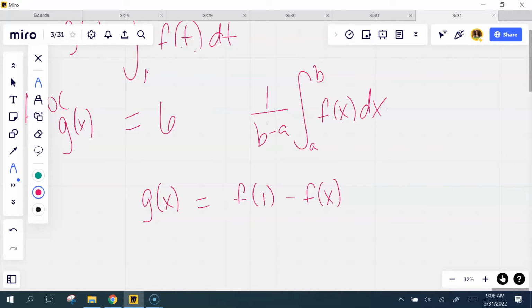For any function f, which of the following statements must be true? If f is defined at x equals a, then the limit as x approaches a of f of x equals f of a. That's not true, because that's saying that the limit has to be the same as the function value, and we know that's not true.